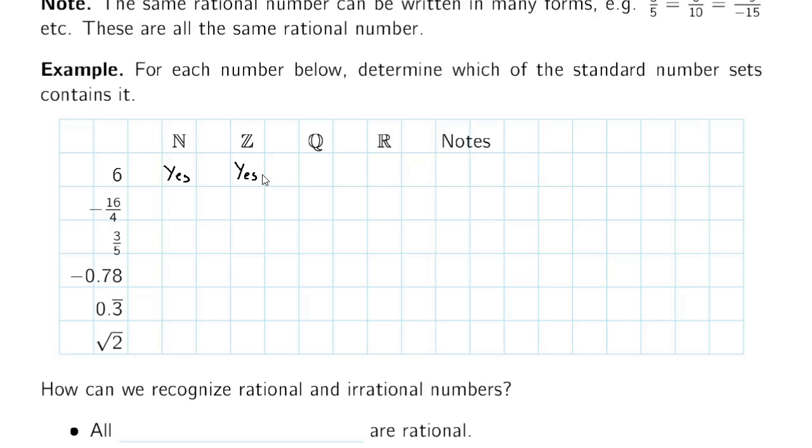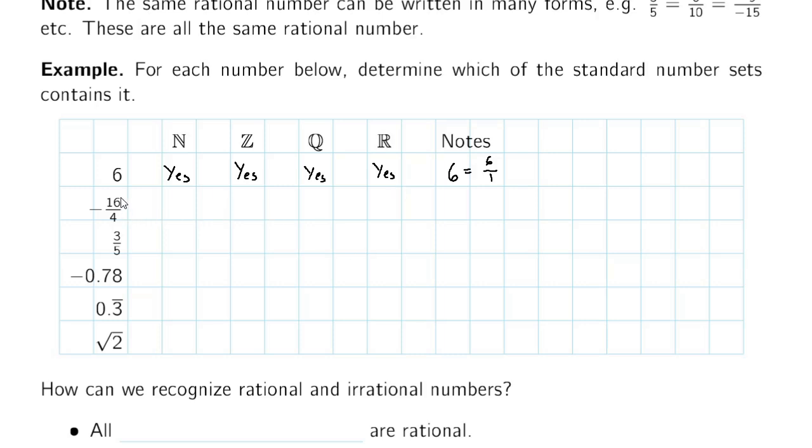The integers are the natural numbers and 0 and the negative versions. Can it be written as a fraction? Well, yeah, 6 is 6/1. So 6 is rational. And then every rational number is also a real number. Right? So think of the real numbers as just filling out the number line.